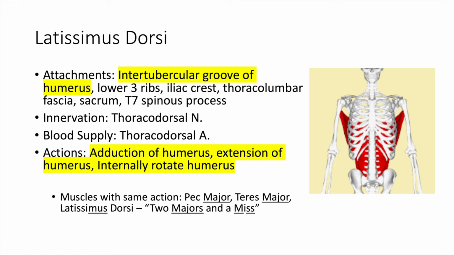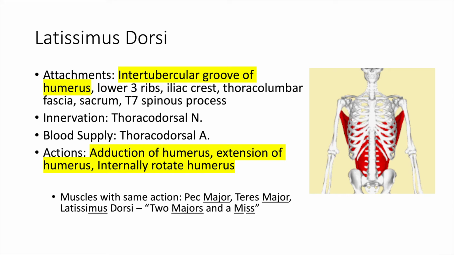It also attaches to the lower 3 ribs, iliac crest, thoracolumbar fascia, sacrum, and T7 spinous process. It's innervated by the thoracodorsal nerve, and the blood supply is the thoracodorsal artery. When we get to the brachial plexus, we'll talk more about that nerve.